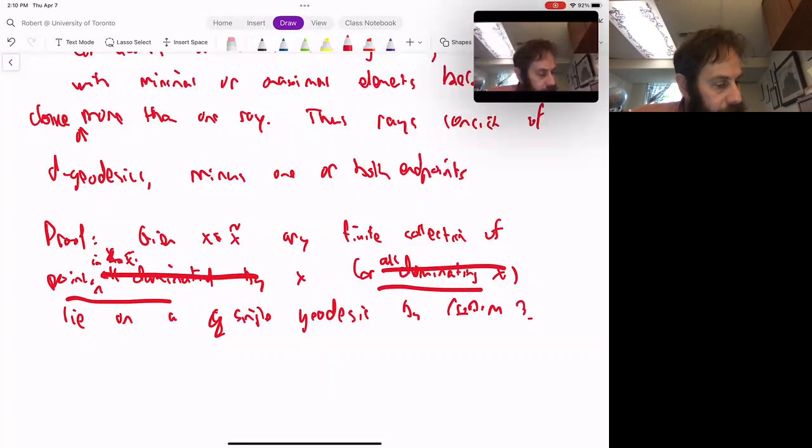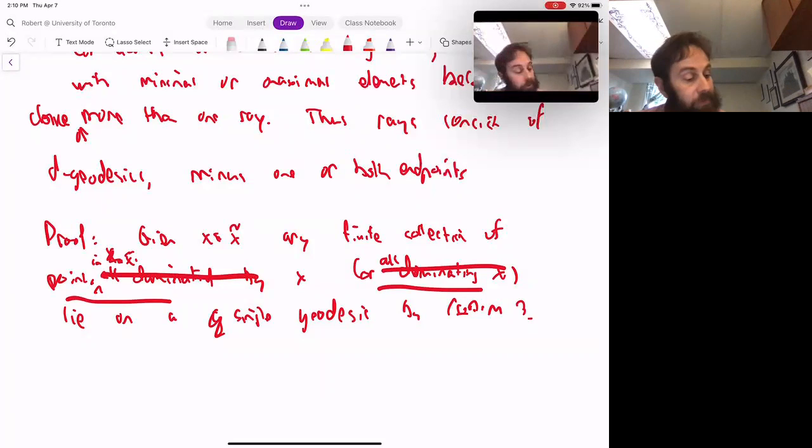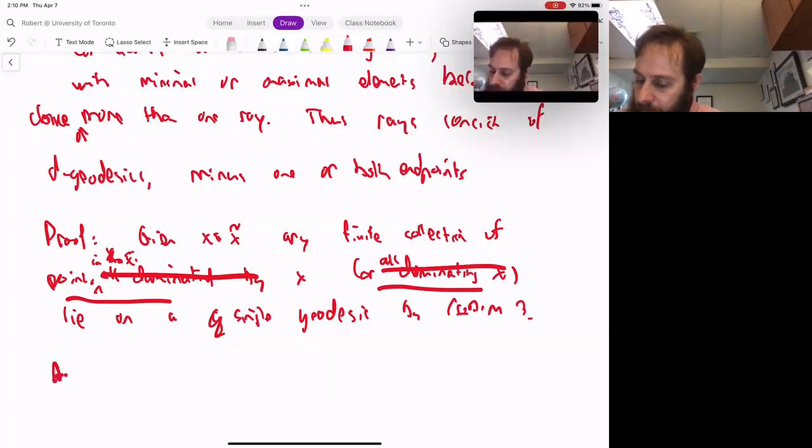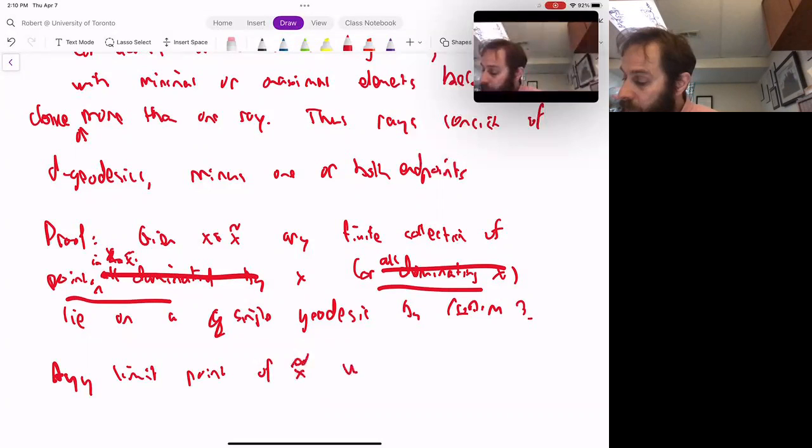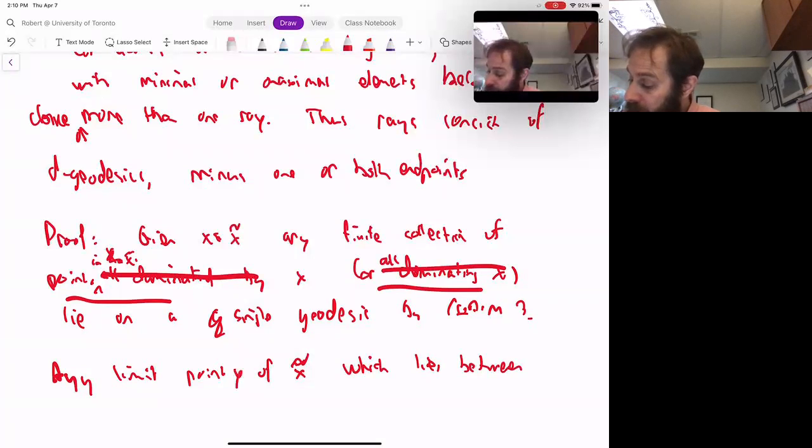And what else do I want to check? I want to check that X tilde is closed. So also any limit point y of X tilde, which lies between X and z in X tilde.